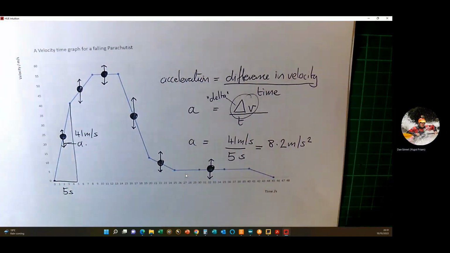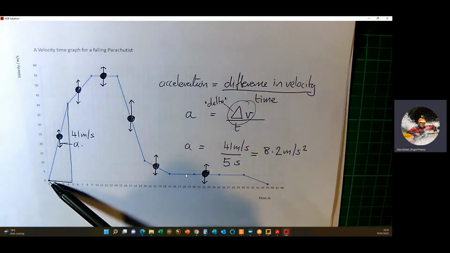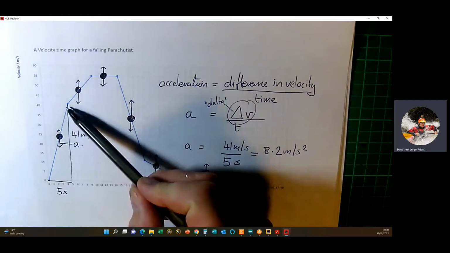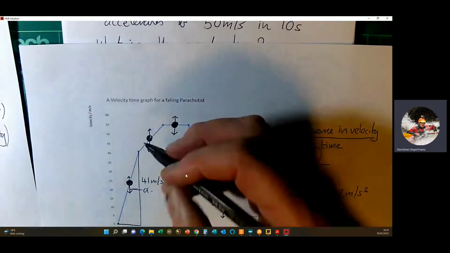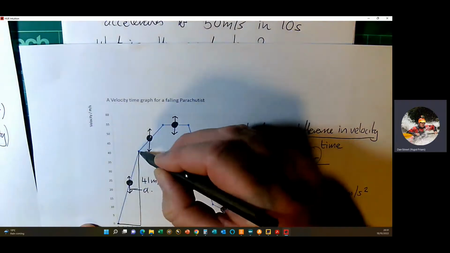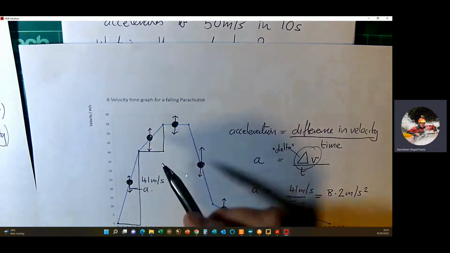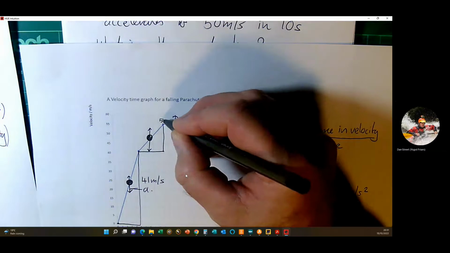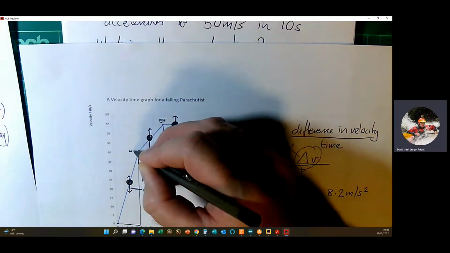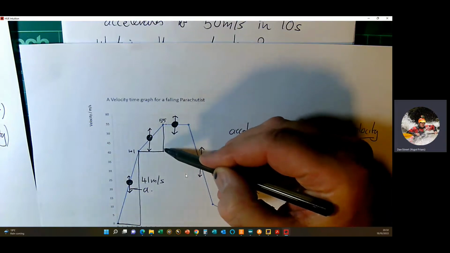Okay, so this equation here, the difference in velocity, very often the difference is simply the final velocity. Although do take care because, for example, in this case here, I recall from the TIM task, the change in velocity is actually 55, take away the 41. Because the change in velocity is the value represented by that line there.